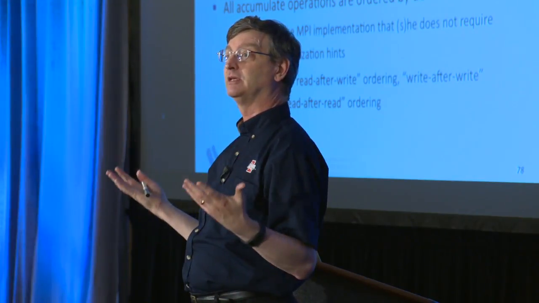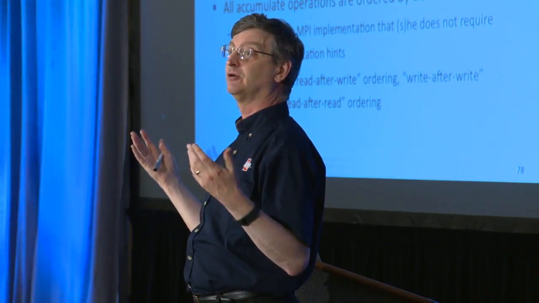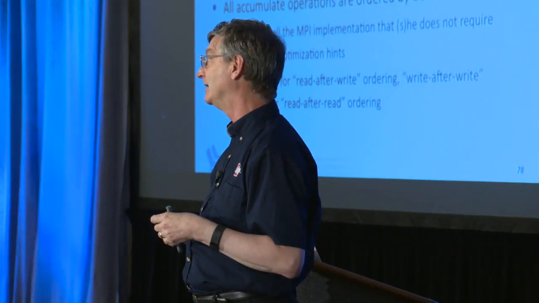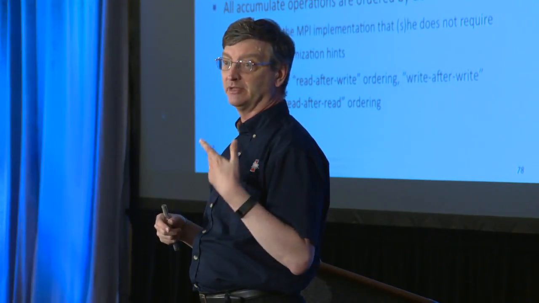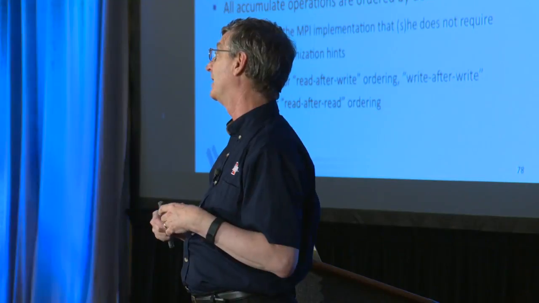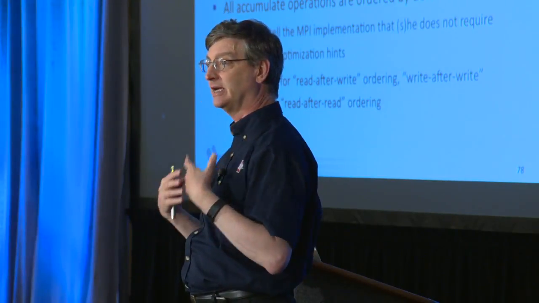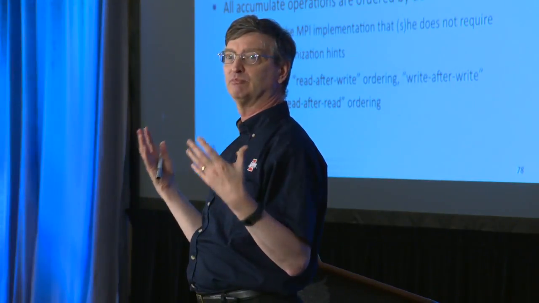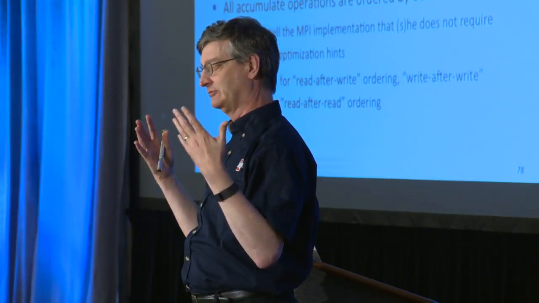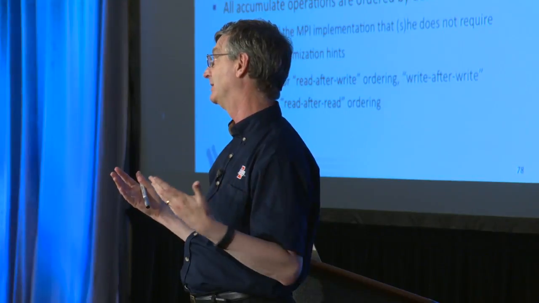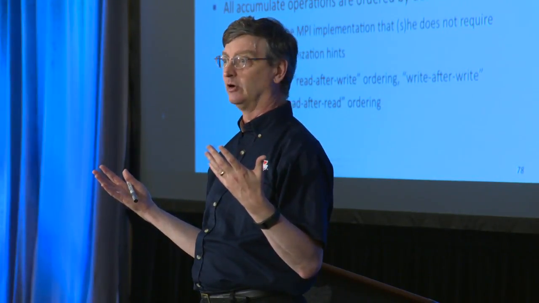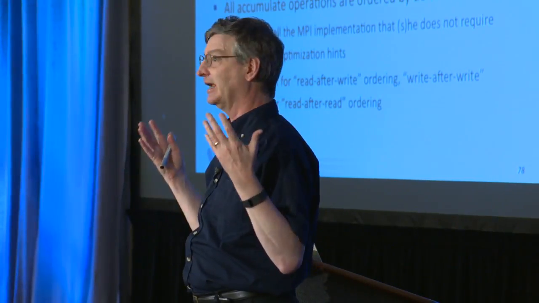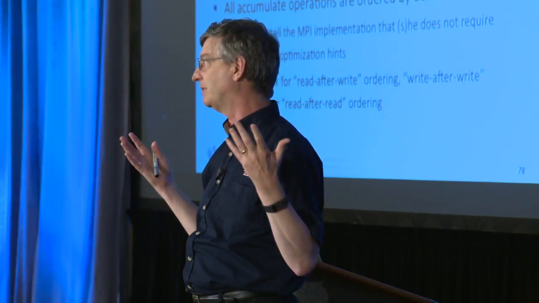And so one of the things that you can use that info parameter for is to say, honestly, I don't care about the ordering. And we did that because it turns out some people depended on the ordering, and when they didn't get it, their program gave the wrong results, maybe only slightly wrong, which is sort of the worst case. You got an answer that looks good, but it's off by 10%.